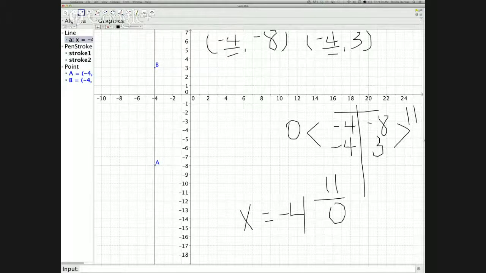Y could equal anything, but x always equals -4. So my equation, as we can check with GeoGebra, is x equals -4. Okay? All right.